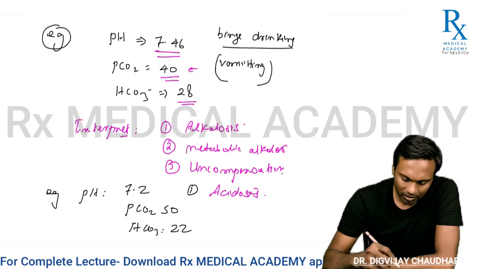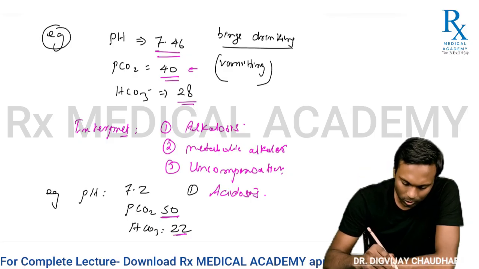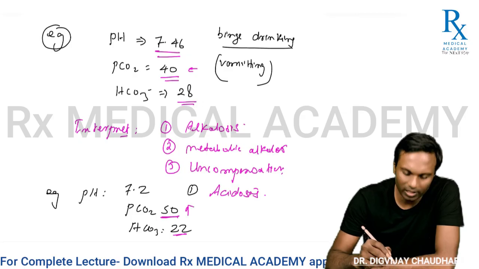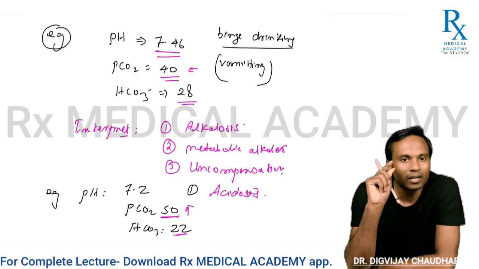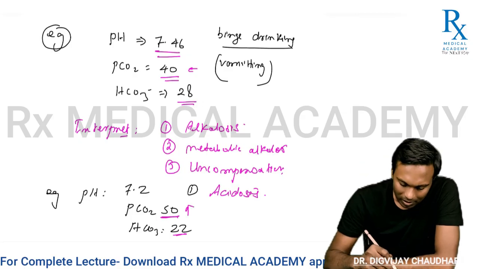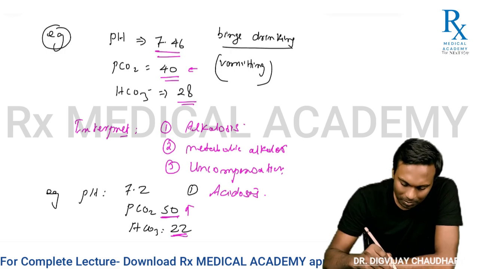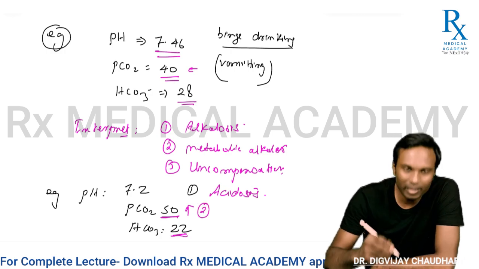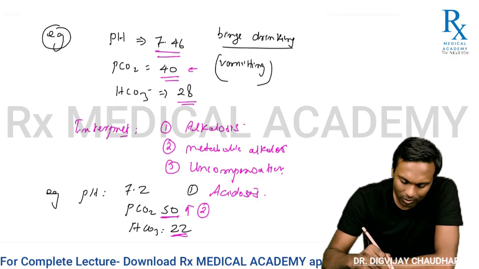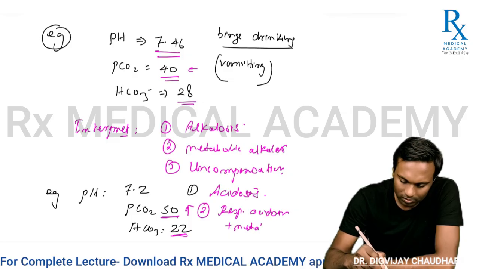So which problem can lead to acidosis? An increase in PaCO₂ will result in respiratory acidosis. A decrease in bicarb will result in metabolic acidosis. So sometimes you can find mixed problems. Here you have respiratory acidosis as well as metabolic acidosis. So this is known as a mixed disorder.